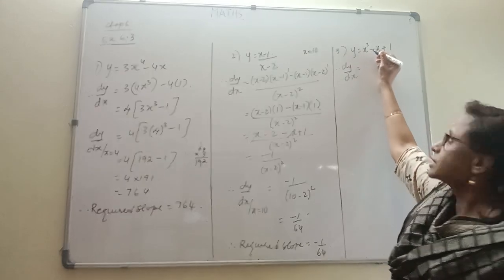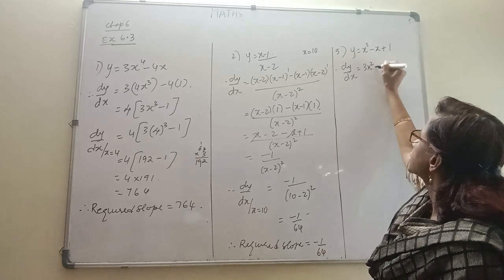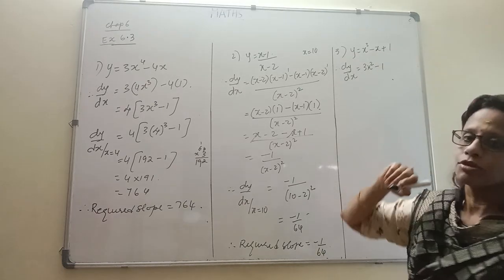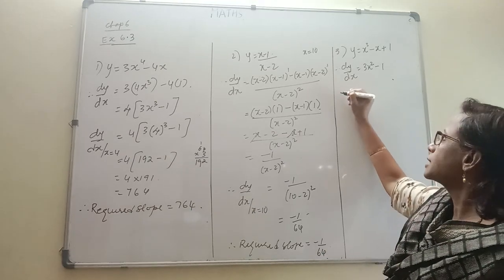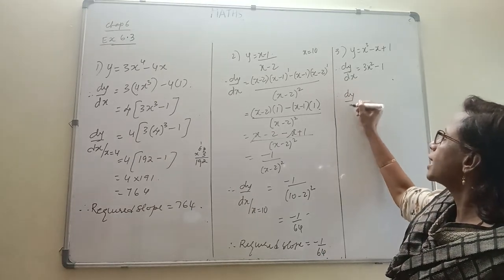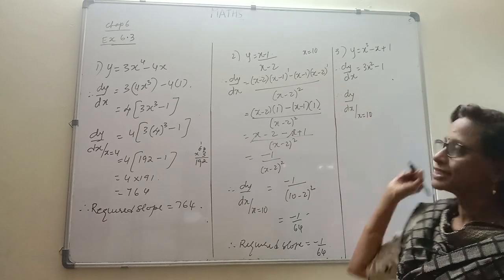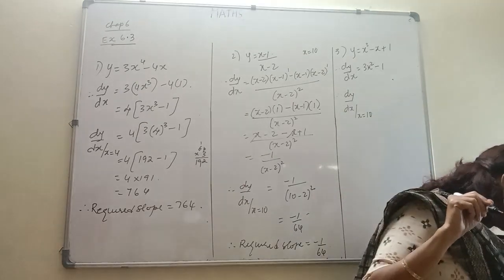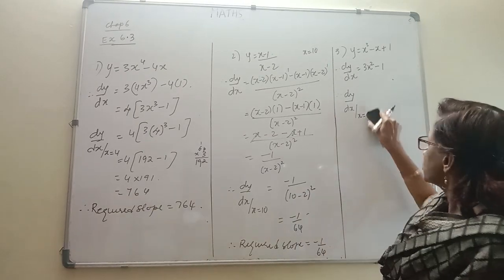Get the derivative: x cube, the derivative is 3x squared. Derivative of x is minus 1. 1 is a constant, no derivative. So that's your dy by dx, and they've told us that it is at the point where the x coordinate is 2. Sorry, 10 was the previous one.